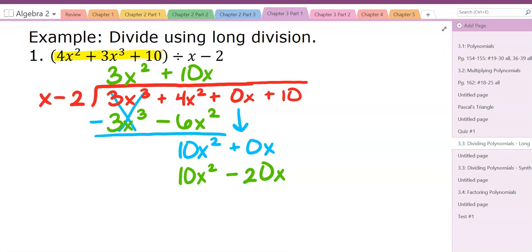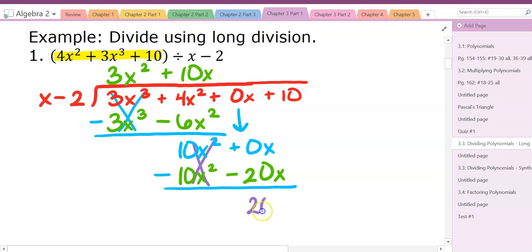So I'm going to put a subtraction sign out front, and then we do the same thing that we did before. So 10x squared minus 10x squared, those are gone. Now because my original polynomial doesn't have an x, it's like 0 minus negative 20. Again, we've got double negatives here, so that's going to come out to be positive 20, because it's 0 plus 20.